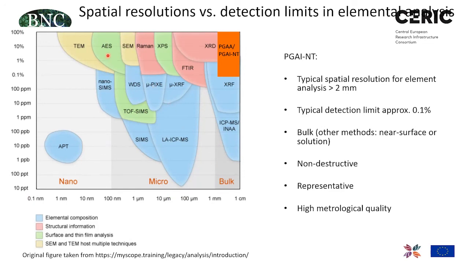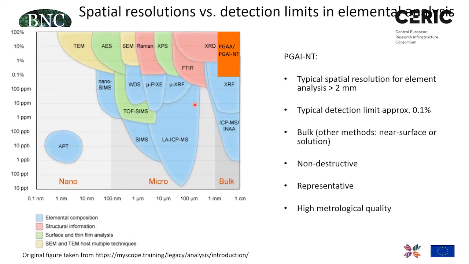And you have very nice and very sophisticated methods to measure tiny bits of details of the materials, but those methods have very little sampling volume. So if you are interested in the bulk composition, the representativity of these techniques is not always enough.